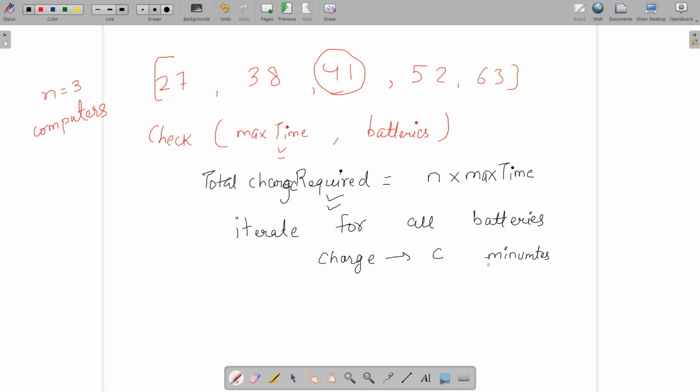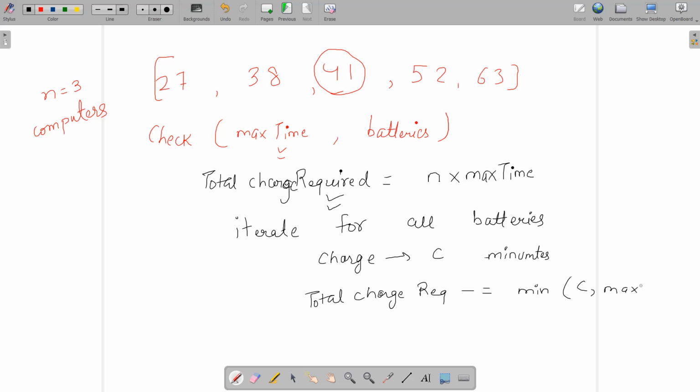The total charge required will be decremented by, minus equal to, min of the charge given by the current battery for C minutes, comma, max time.